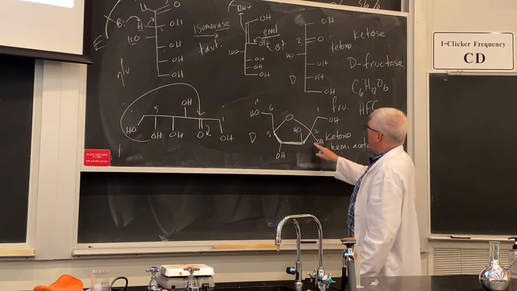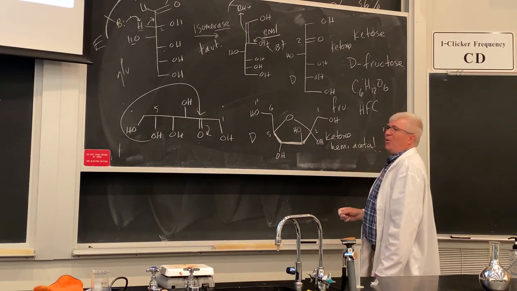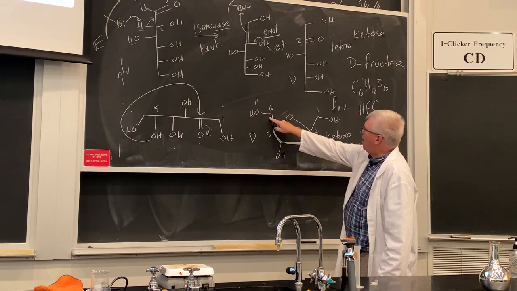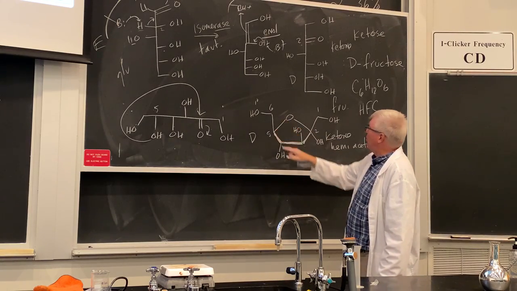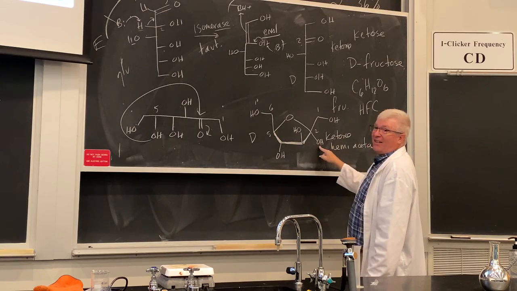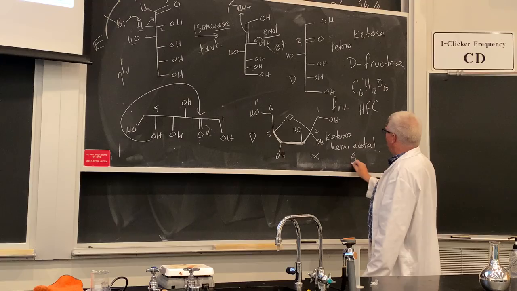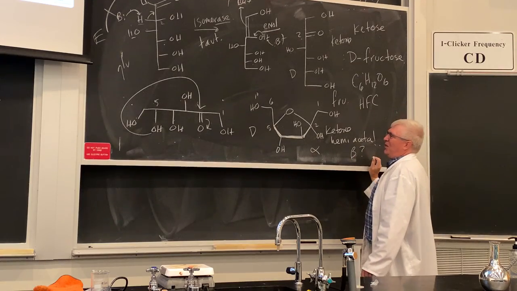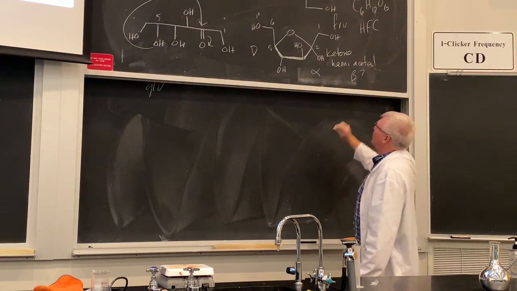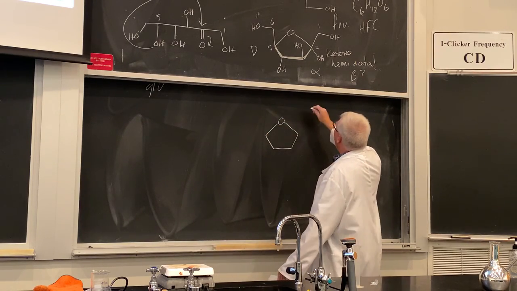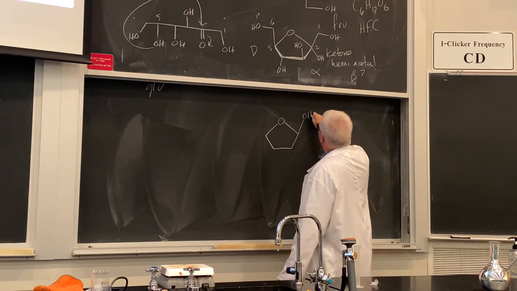What am I drawing here? Am I drawing the alpha or the beta form? Let's see. We've got the alcohol down here across from the 6th position carbon. So what are we going to call that? Yeah, that's the alpha. Is there also a beta form of fructose? Yeah, let's get that here. So if we cyclize the other way with the ketone sticking up, we would have gotten the alcohol up.